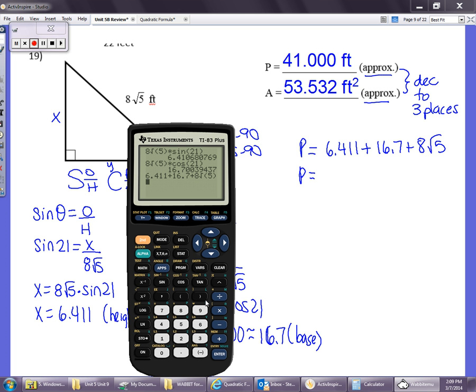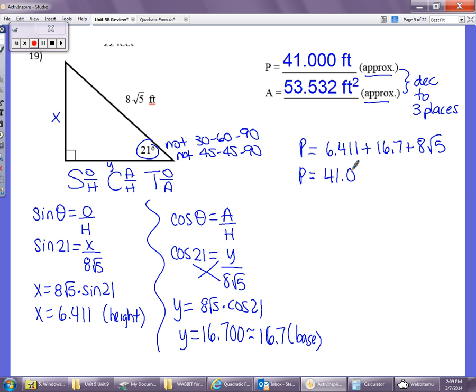Notice I can put everything in the calculator. And it'll give you 40.995. Now because of this 5, we have to round up by adding 1. If you add 1 to 999, it becomes 1,000. Of course, you can't put 1,000. You have to put that 1 here to make it 1,000. So that's why I rounded it to 41.000. Or you can just write 41 feet.